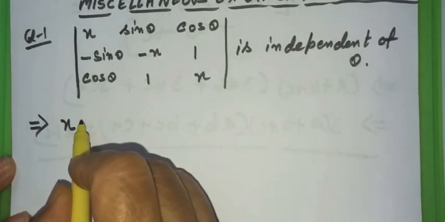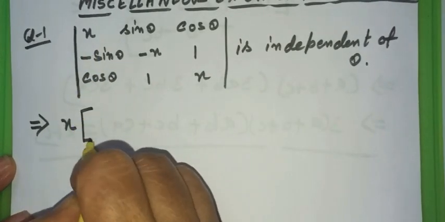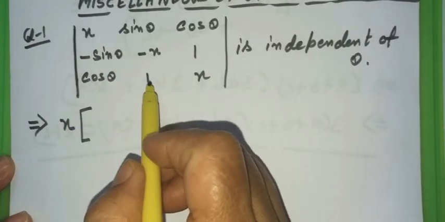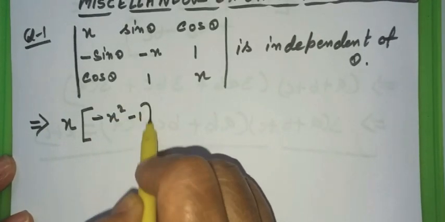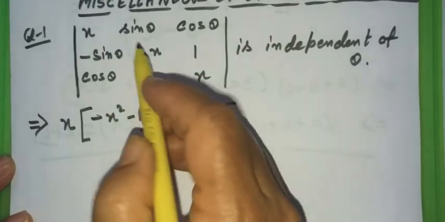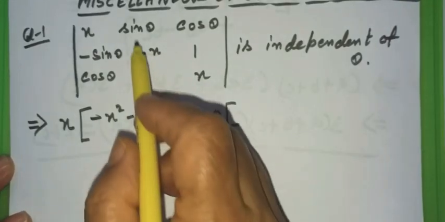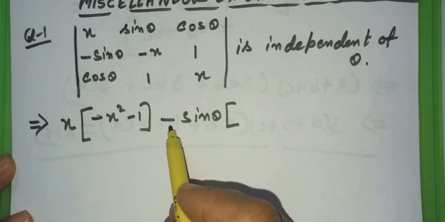That means I write x, the first element, multiplied with its cofactor. And what is the cofactor? Minus x square minus 1. Then the second element of the first row is sin theta, so I change its sign. Sin theta becomes minus sin theta, and I multiply it by its cofactor.